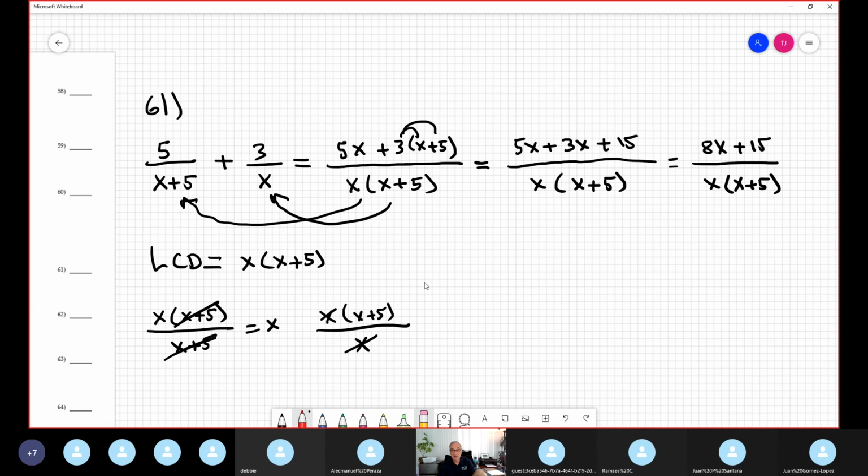For example, if you have x plus 3 times x plus 5 divided by x plus 3, yes, you can simplify this and this. But when it's plus or minus, no, this is wrong.